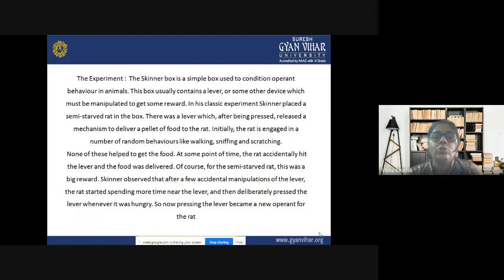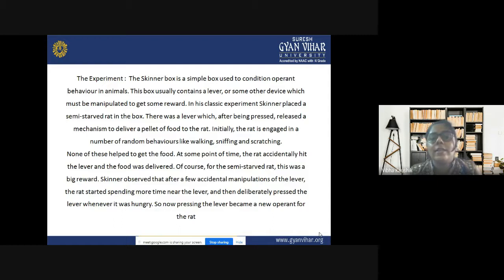This box usually contains a lever, or sometimes some other devices which must be manipulated in such a way that it will give some reward to the animals.